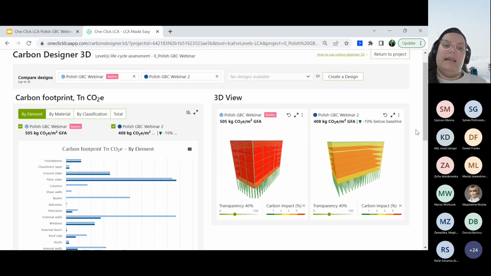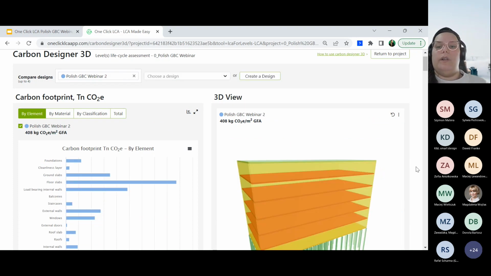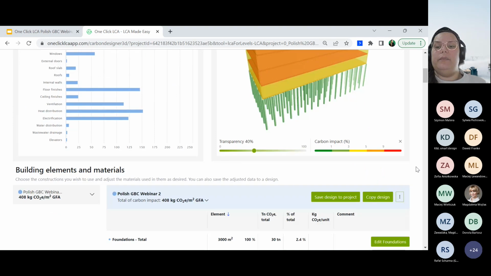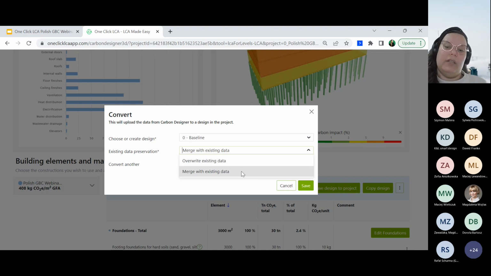So, okay, let's say we are ready to move forward, and let's say we will be choosing the second option here. So let's move forward with it and save the design to our project. I already have a design here named baseline, and I have no data on it, but if I had, I can either override the data or merge with existing data.